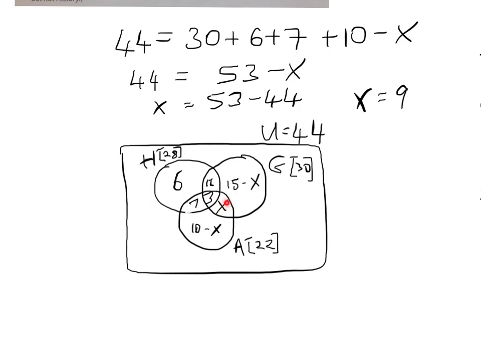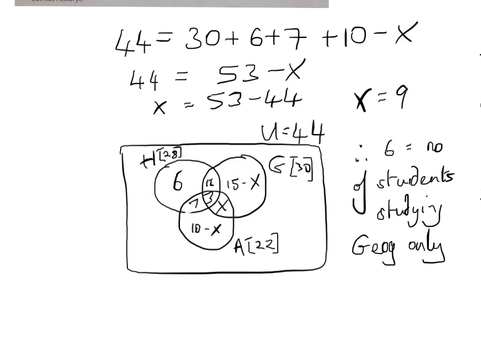And if x is 9, then 15 minus x must be 15 minus 9, which is 6. So the value in here should be 6. Therefore we can say 6 is the number of students studying geography only. And this answers our final question.